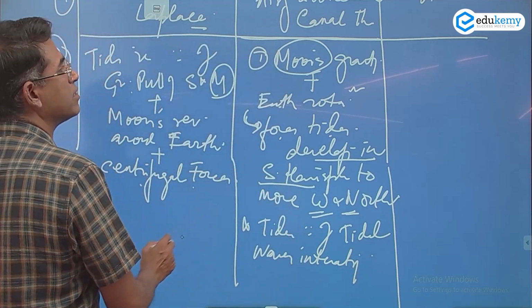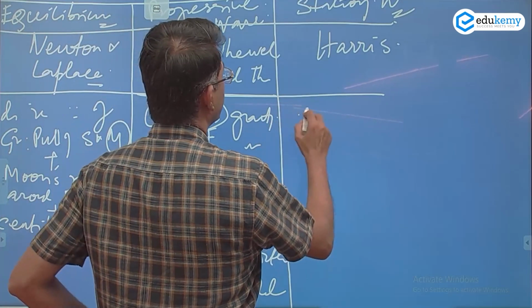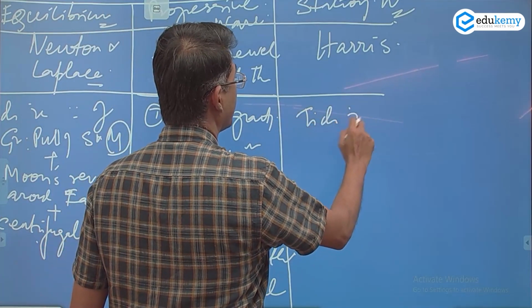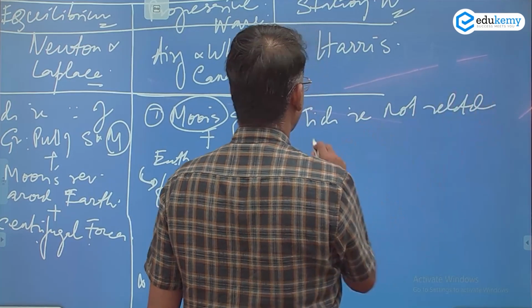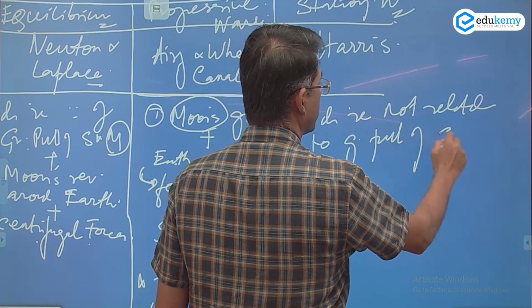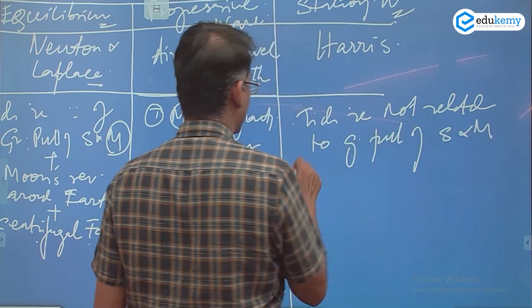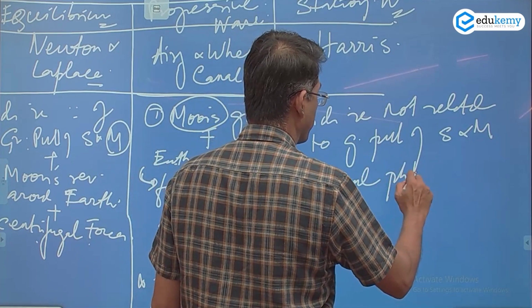Now, what does Harris tell us? Harris says the tides are not related to the moon, not related to the gravitational pull of sun and moon. Tides are a local phenomenon.